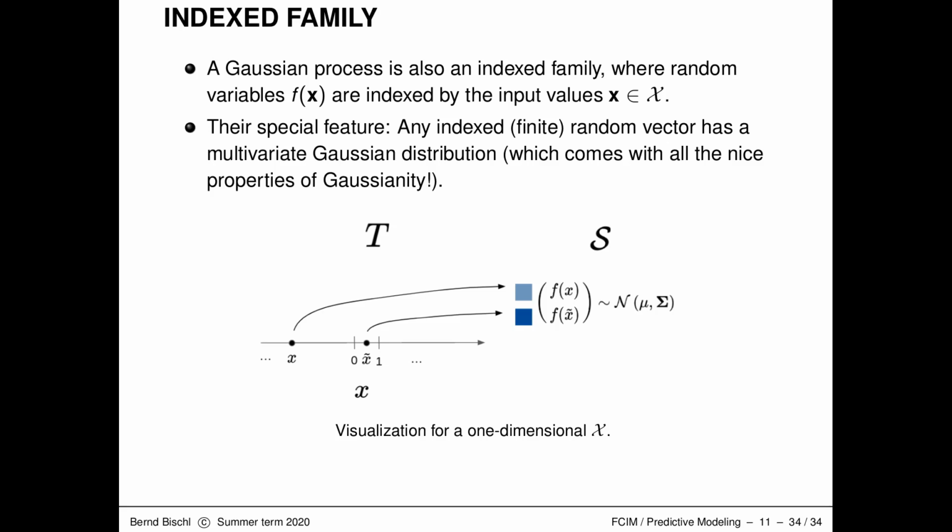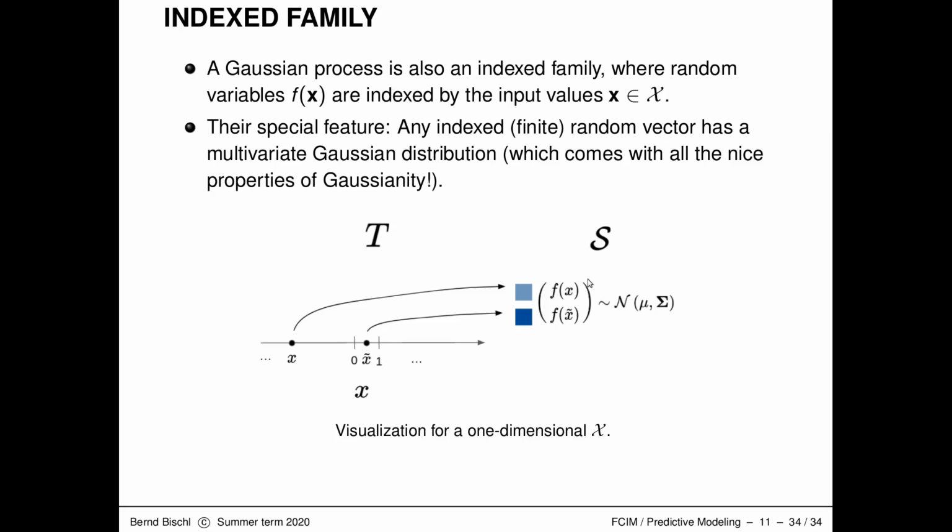So in the simple case of X being just R, you have your complete real line available to you, and these points here, your measurement points, are kind of indices of your random variables. So you have a random variable f indexed by x, or f indexed by x tilde, and if these quote unquote indices are real valued numbers, I guess you'd rather write them as function arguments, right?